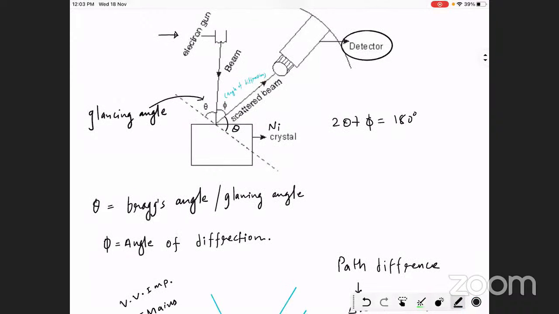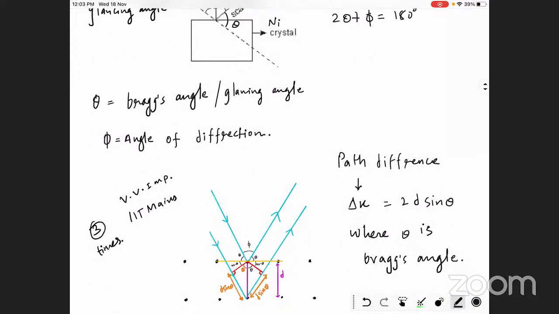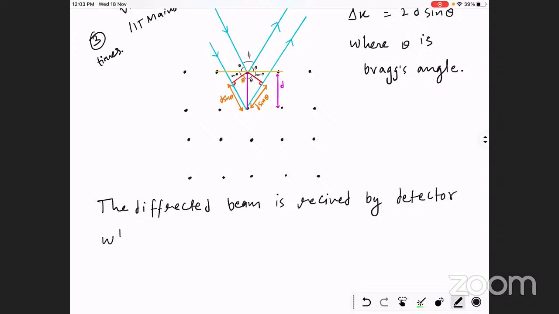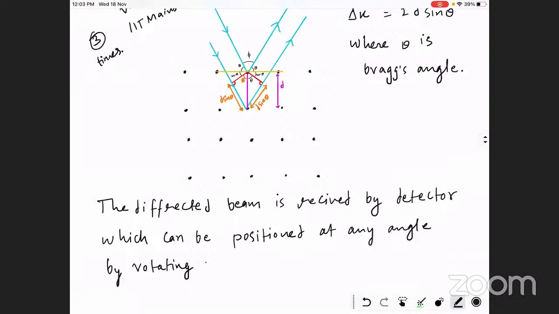So the diffracted beam of electron is received by the detector, which can be positioned at any angle by rotating it about the point of incidence.